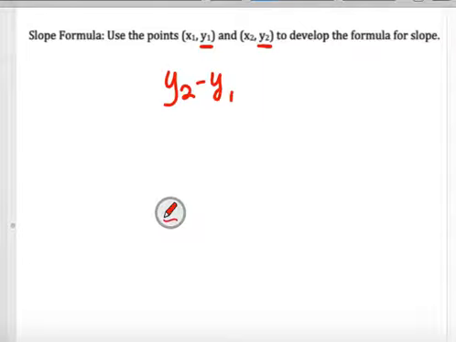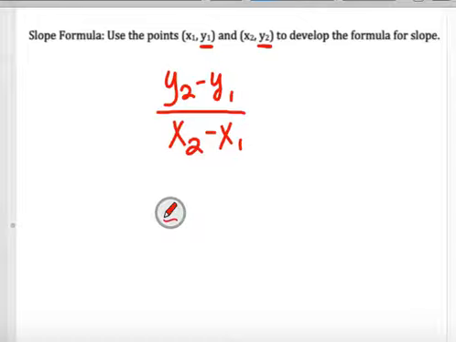Step 2 is to find the horizontal change. However, we already know that we're going to divide those two changes. And again, our horizontal change would be the change between the x values in the ordered pairs.